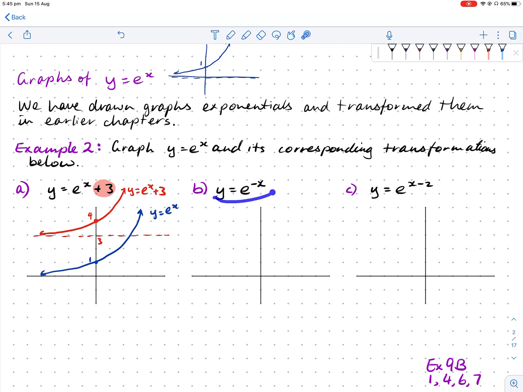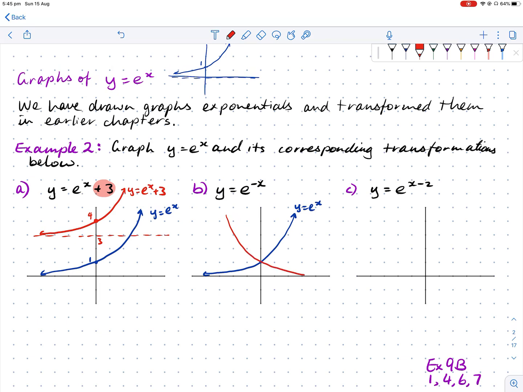With our next equation, y equals e to the power of negative x. So let me start with e to the x first. If I've got a negative inside of the x, that reflects it across the y-axis. So that means that y equals e to the negative x is going to look like this.